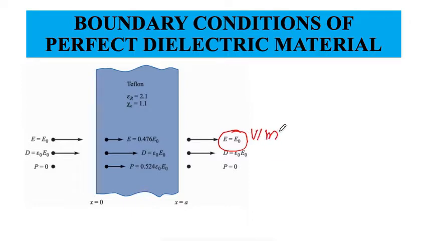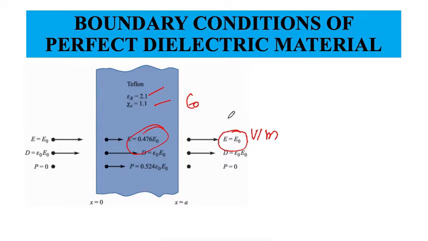I didn't know what the field inside was, but now it is very easy for me to find it. The Teflon slab permittivity is 2.1 and susceptibility is 1.1. Just to jog your memory, the electric field outside is uniform with E naught directed along the horizontal direction.